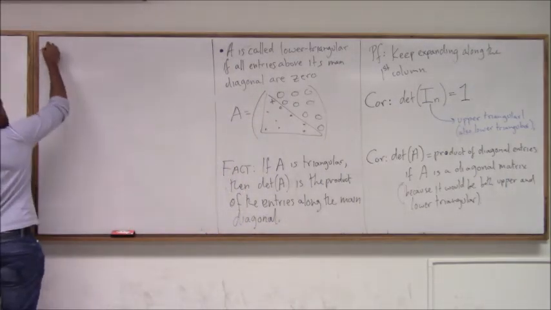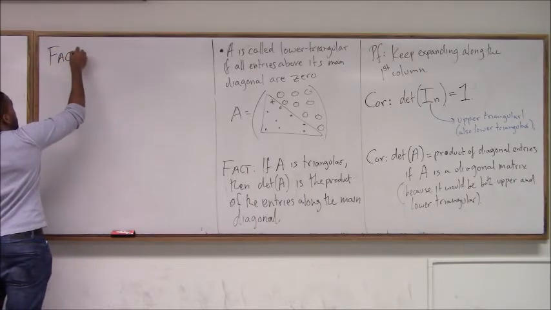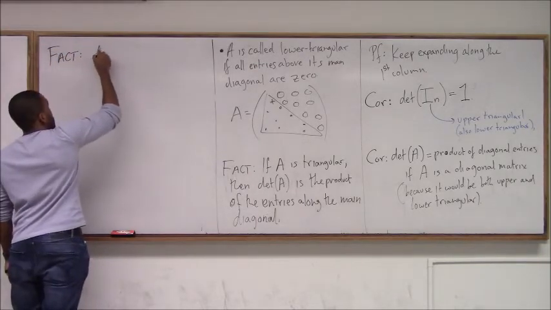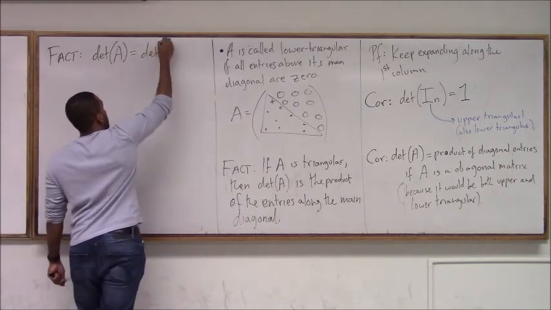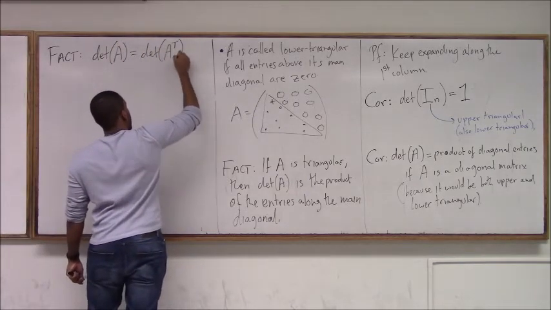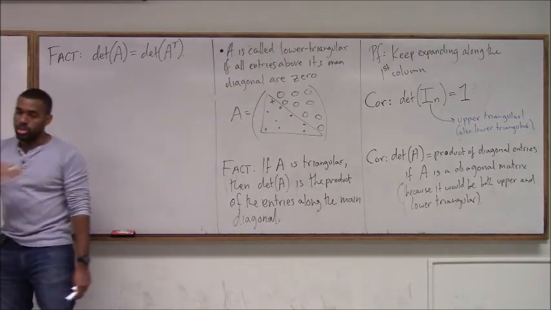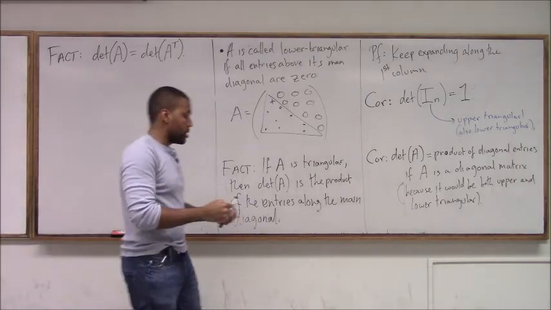Here's another fact. The determinant of a matrix is actually equal to the determinant of its transpose. You guys remember what A transpose is? When we interchange rows and columns.